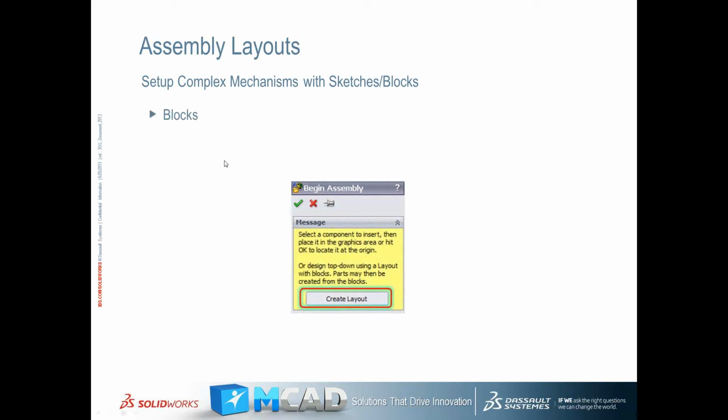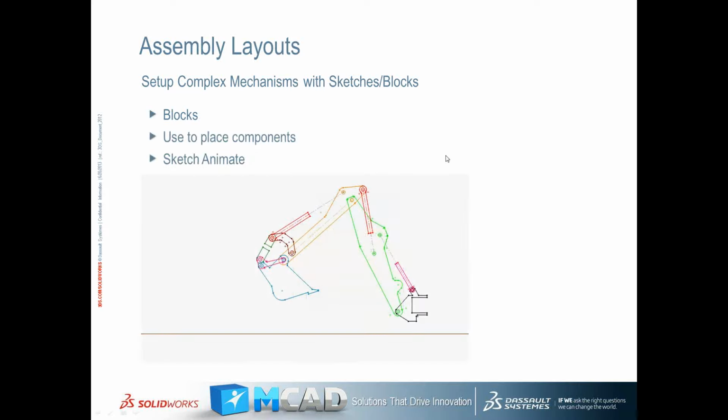So we could sketch out an object, and then we could save that as a block, or I can insert any other block off of my computer. I can also use those to place components in the assembly. I can build components off of it.